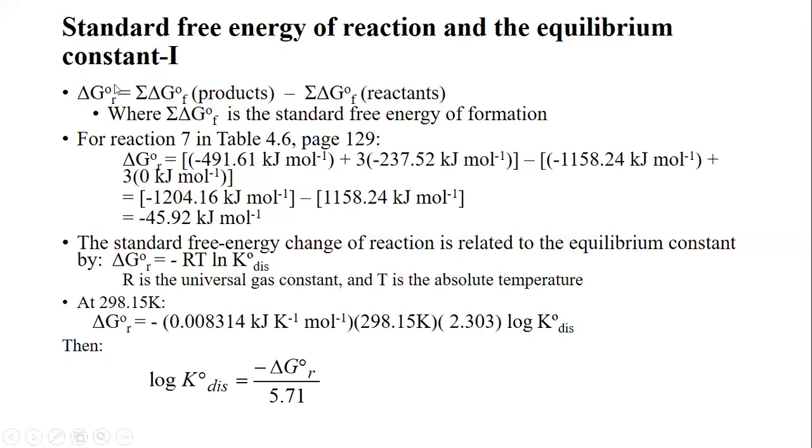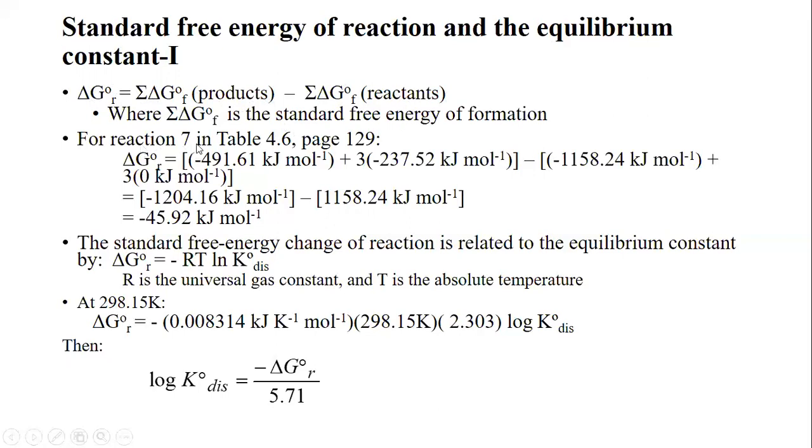Delta G0 of the reaction, the standard free energy of the reaction, equals the summation of delta G0 of formation of all the products, subtracted by the summation of delta G0 of formation of all the reactants. Delta G0 of formation is the standard free energy of formation. Again, this is available data. You cannot memorize it, it will be given to you.